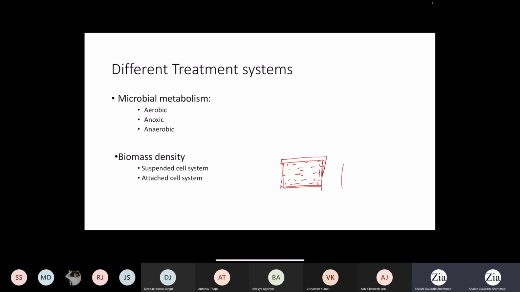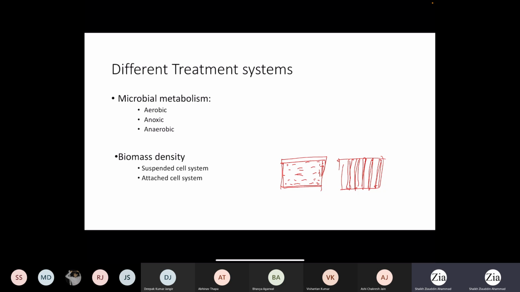Whereas in the attached cell system, suppose you are using multiple plates, and both sides of the plates have biofilm. In the same volume of reactor, you can get a greater amount of biomass if you use this attached cell system. So the attached cell system is beneficial when you want more biomass concentration in a given volume.